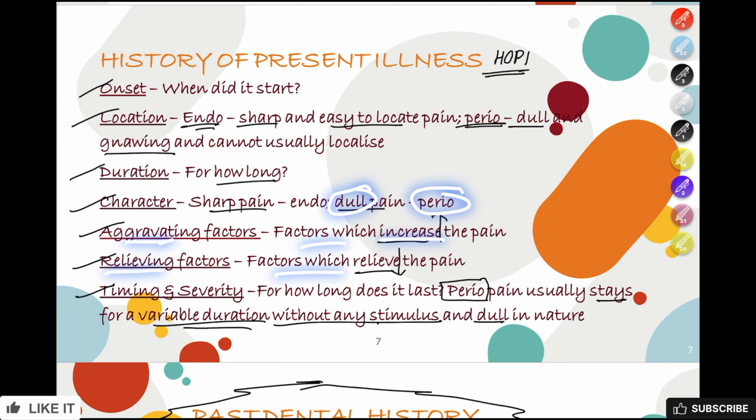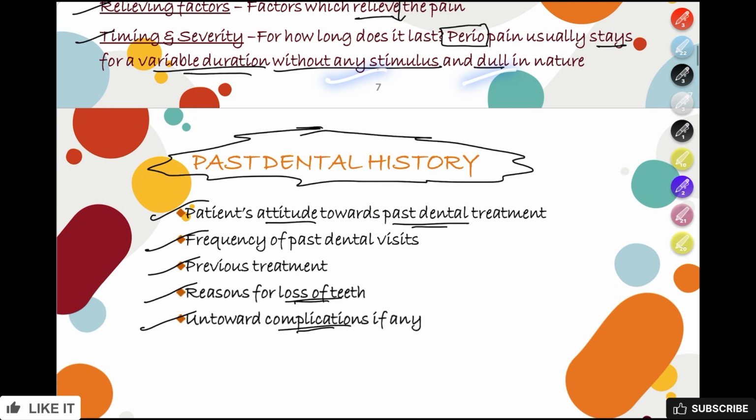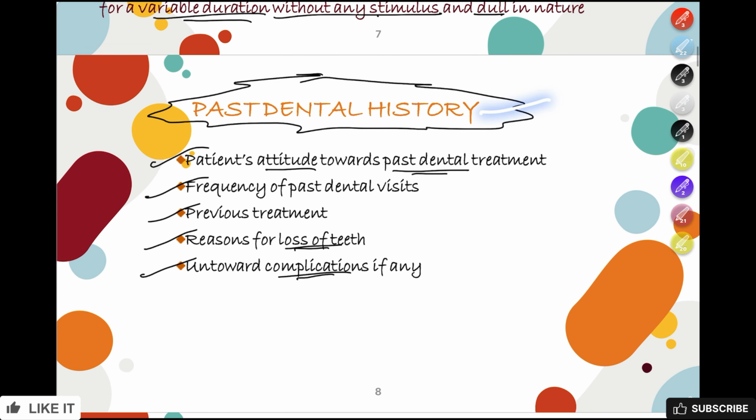Relieving factors are factors which relieve the pain. Timing and severity. For how long does it last? Perio pain usually stays for a variable duration without any stimulus and is dull in nature.